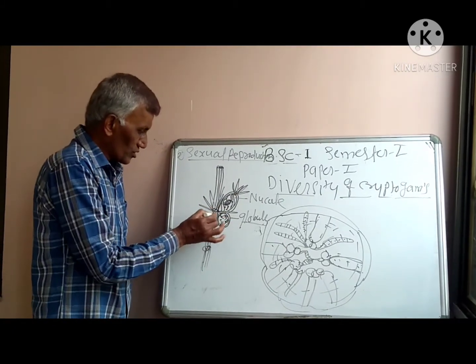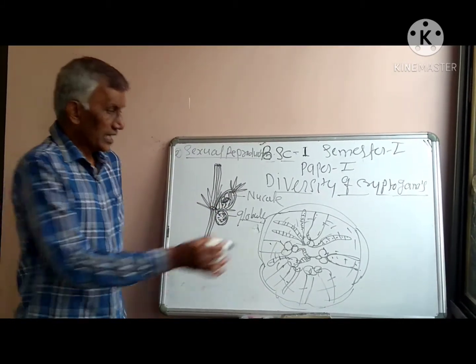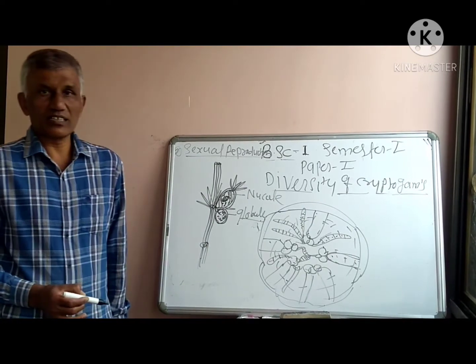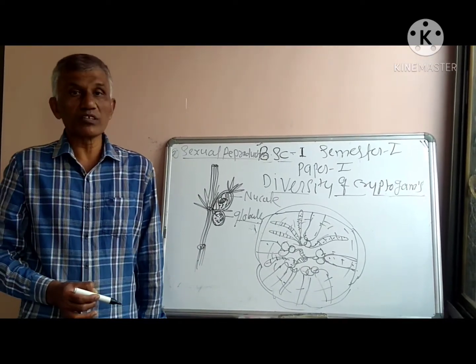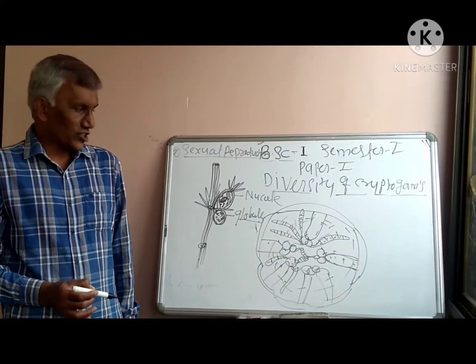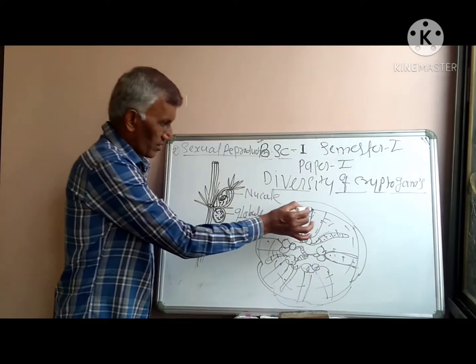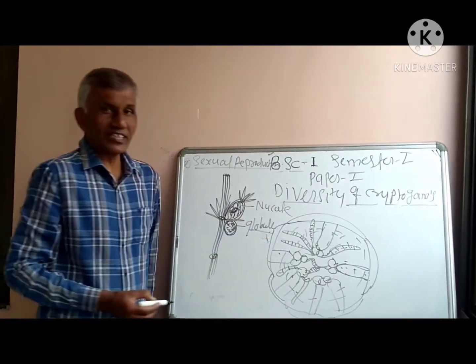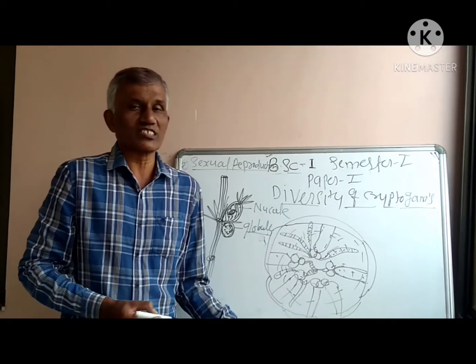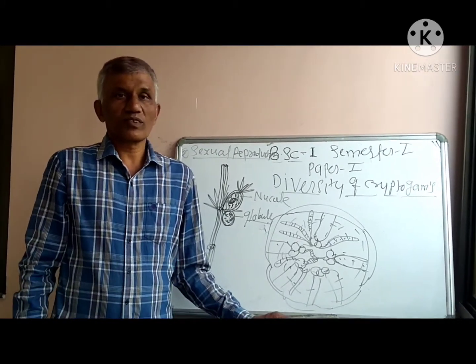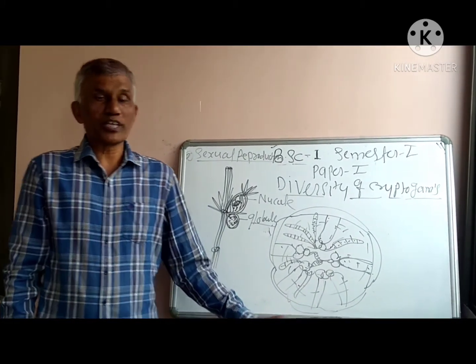This is the outermost coating. Inside the shield cells, there are dumbbell shaped specific structures, which originate from the center of each shield cell, that is known as the manubrium.